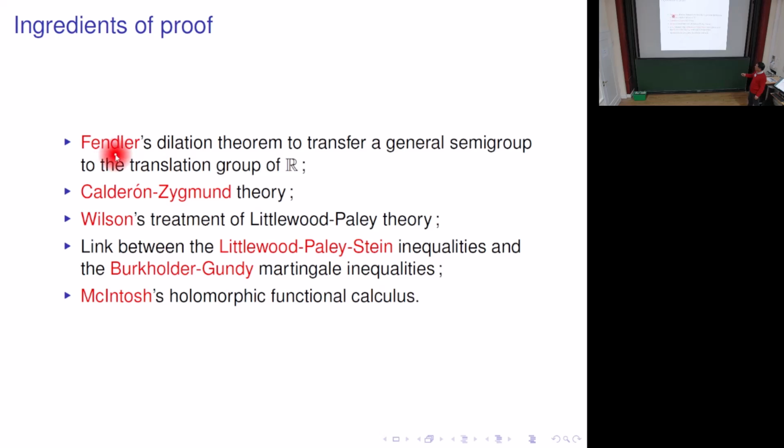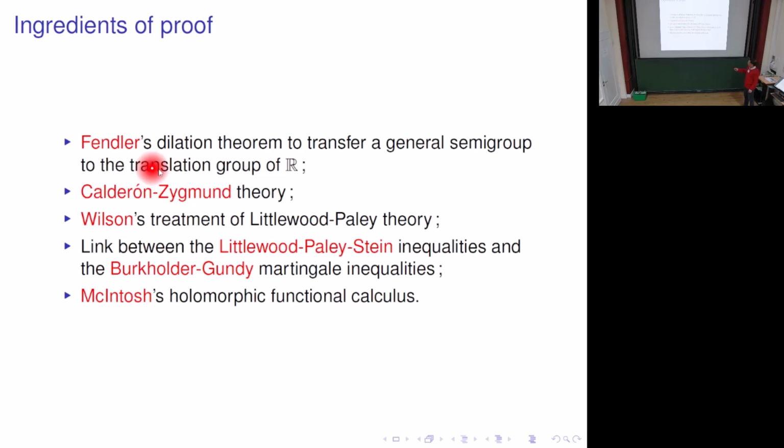We have to use this dilation theorem, which I will show you later, to transfer a general semigroup to the translation semigroup on R. So we go back to the translation semigroup on the real line, and then we can use tools from harmonic analysis. This is why we can use the so-called Calderón-Zygmund theory. This already appeared in my first paper on this theory.